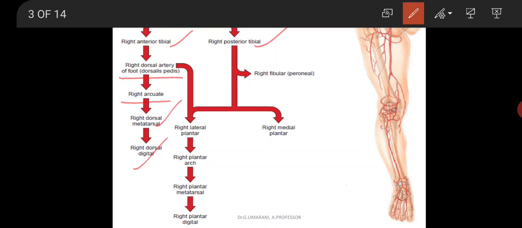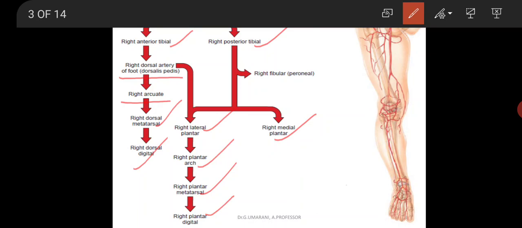The posterior tibial artery divides into the lateral plantar artery and medial plantar artery. The lateral plantar artery forms the plantar arch, and from the plantar arch the plantar metatarsal arteries are raised. From the plantar metatarsal arteries, the plantar digital branches arise. So the posterior tibial artery ends in the plantar digital branches.